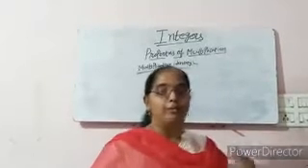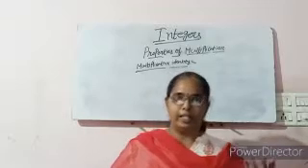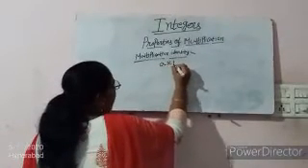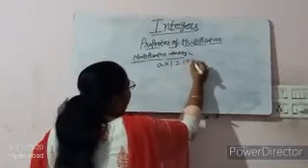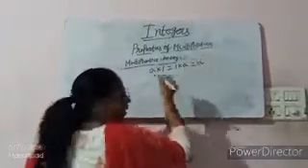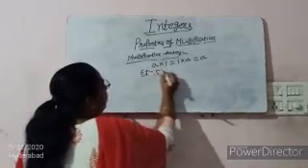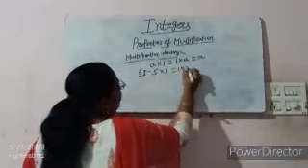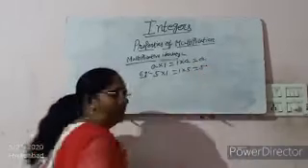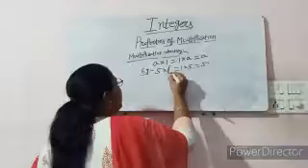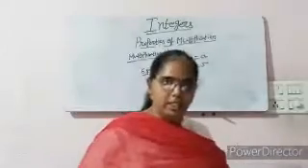So, the multiplicative identity is 1. See, A into 1 is equal to 1 into A is equal to A. For example, 5 into 1 equals 1 into 5, which is 5 only. So here you will call 1 a multiplicative identity.